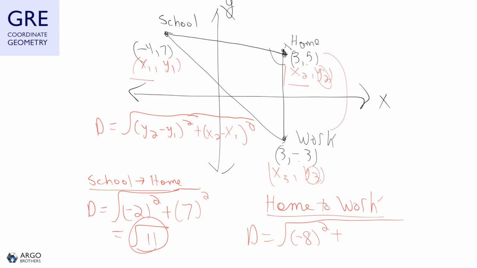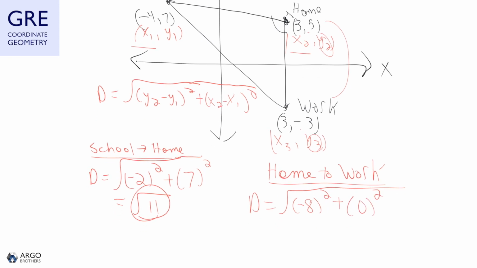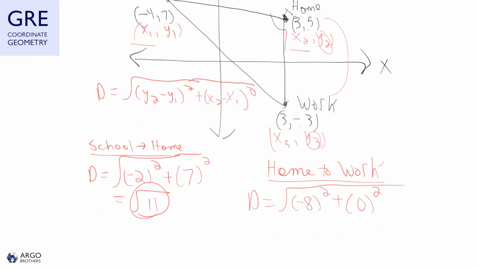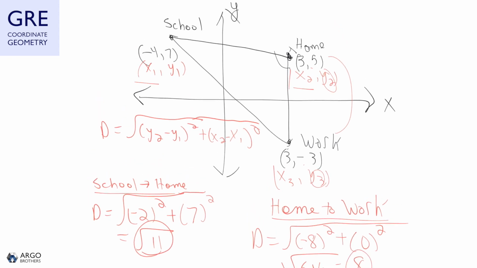Plus x3 minus x2, which is 3 minus 3, or 0, and then you square it. And so that will give you a distance of the square root of 64, which is 8. So this is a distance of 8 from home to work. So let's start labeling what we have. We have this distance as square root of 11, and we'll call this feet. And then this has a distance of 8 feet.